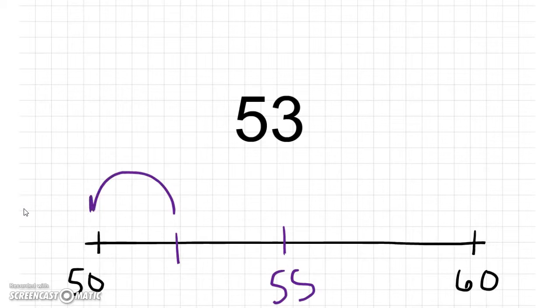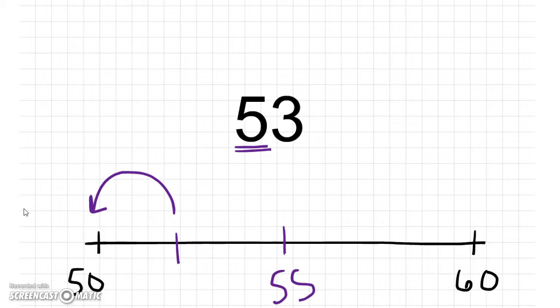Therefore, it is closer to 50, so we would round 53 back down to 50. You wouldn't round down to 40, right, because 53 is not close to 40. It's in between 50 and 60. So we would round this to 50.